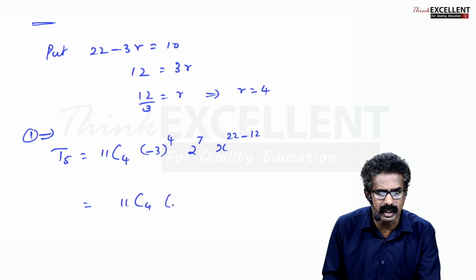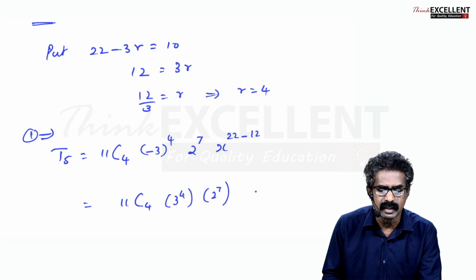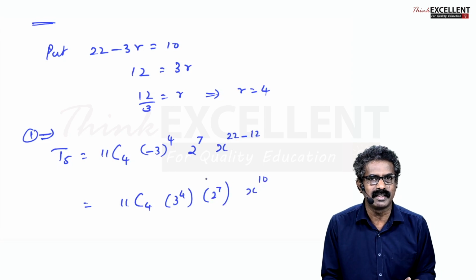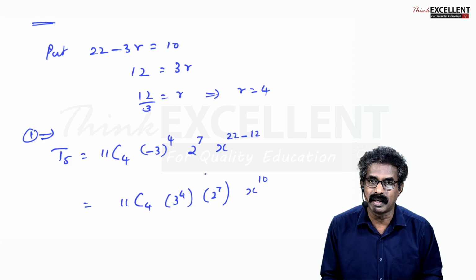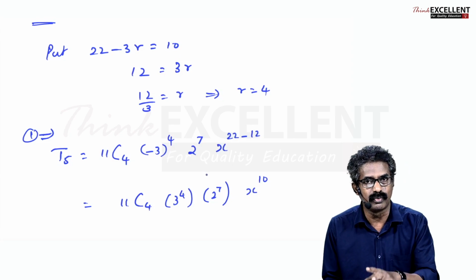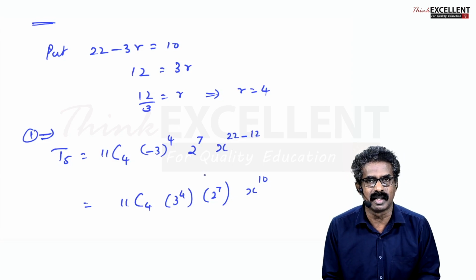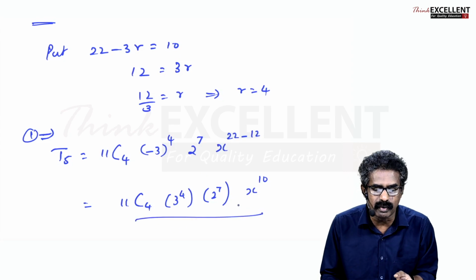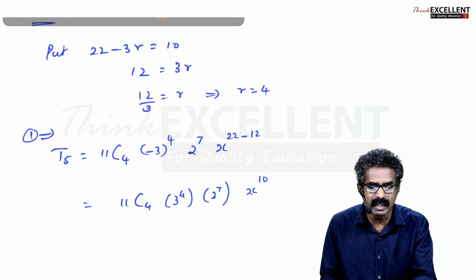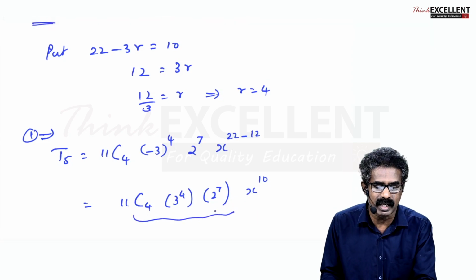So just write 3 raised to 4 into 2 raised to 7 into x raised to 10. So you got two things. Which term contains x raised to 10? The fifth term, r equal to 4. What is the term? This is the term. Now we want the coefficient, so leave that x raised to 10. Before that, whatever you have, that is the coefficient.